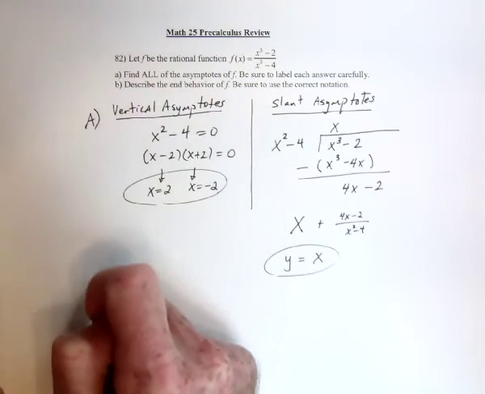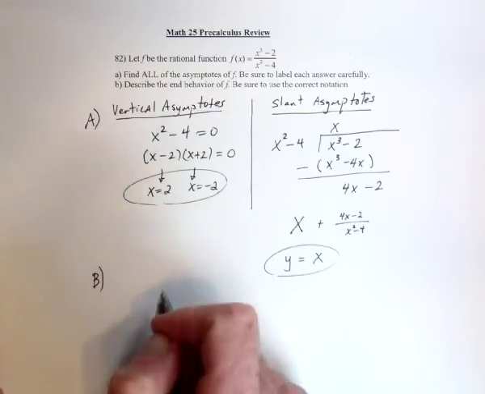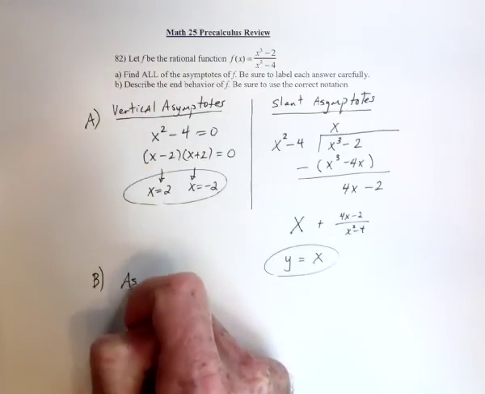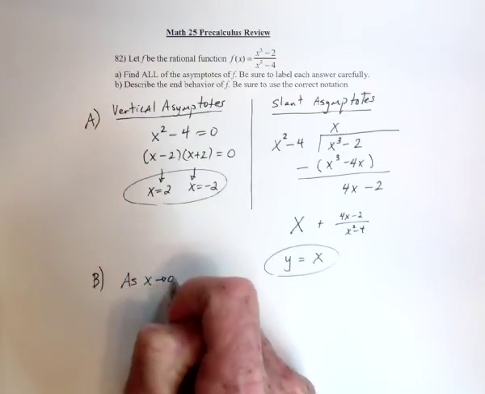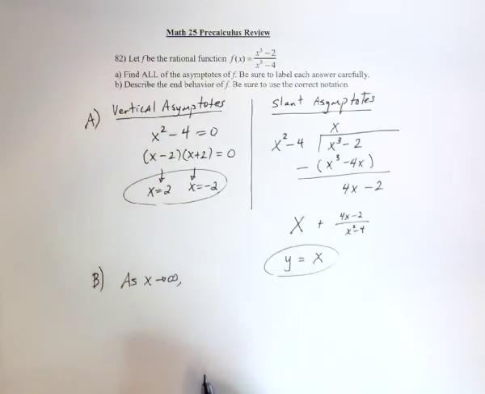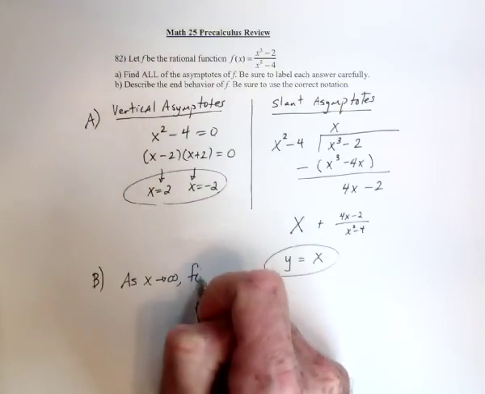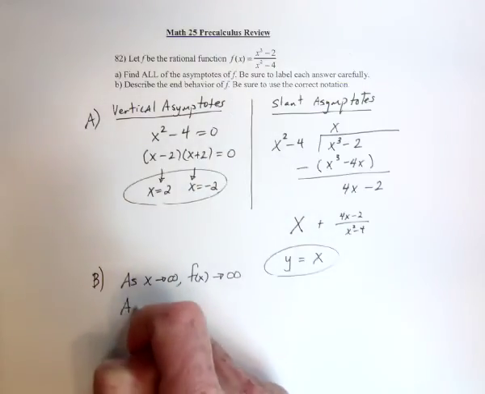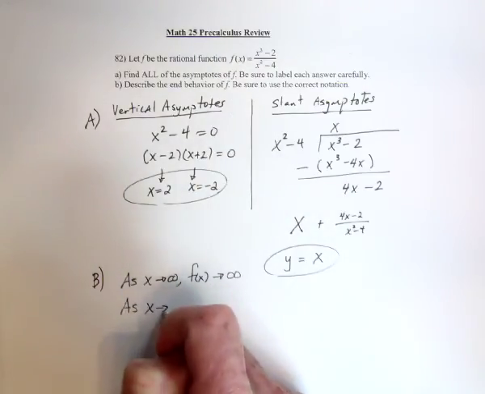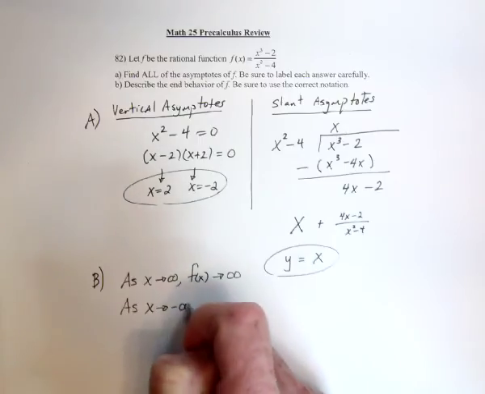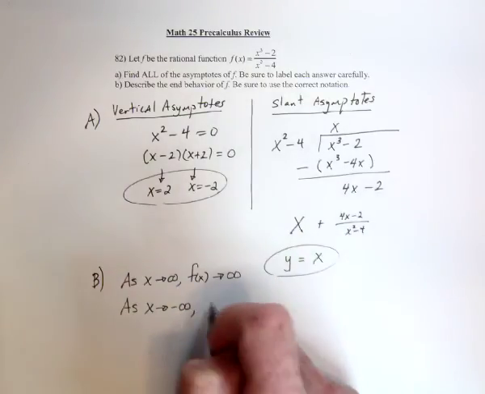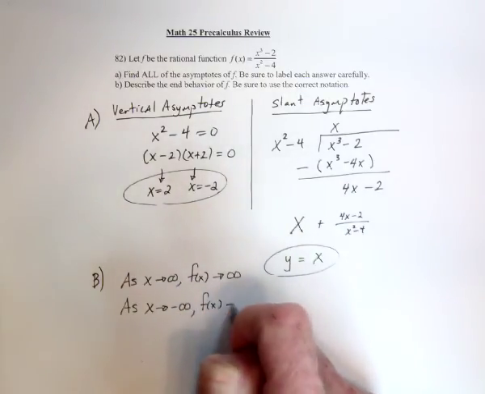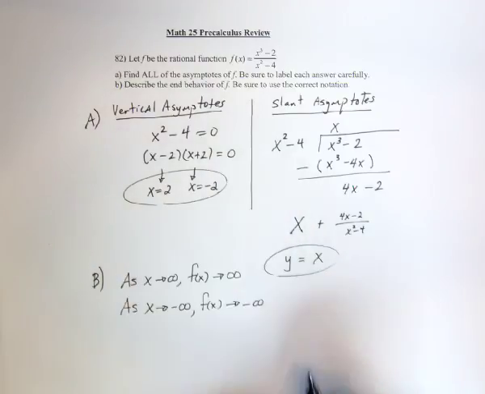Well, the proper way to say that is the right side means as x is going to the right, then F of x was going up forever. Then the other side. To say the left, we would say as x goes to negative infinity, then the function is going down. And that's everything asked for.